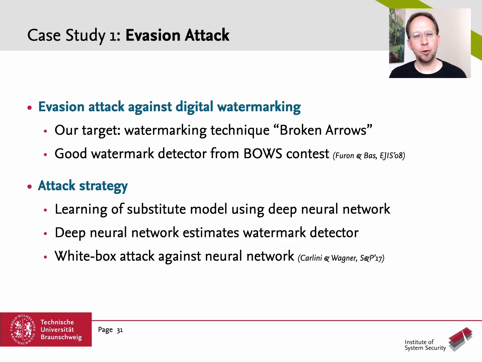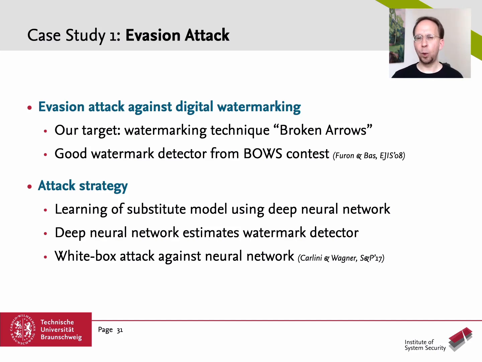So our first case study was an evasion attack. We took a recent attack from adversarial learning, in particular the Carlini-Wagner attack, which is, even in 2020, still one of the state-of-the-art attacks against neural networks. It's also a simple and powerful attack, so this is something that I like. We would take this attack and throw it against a digital watermarking scheme. We picked the watermarking scheme Broken Arrows.